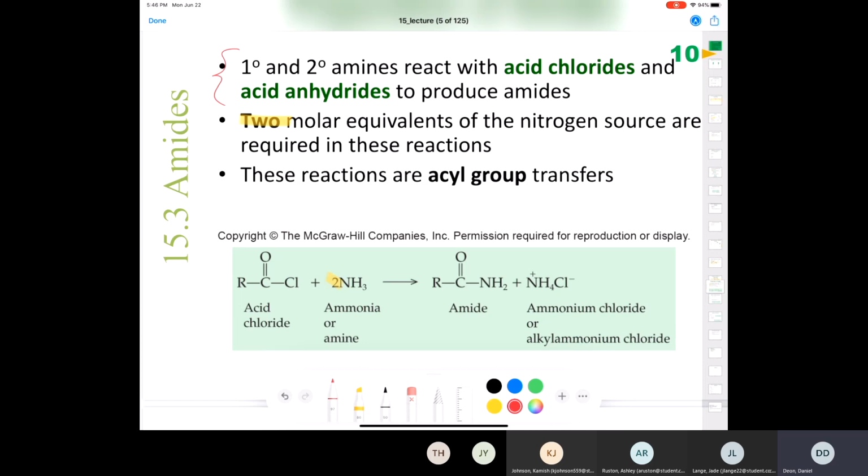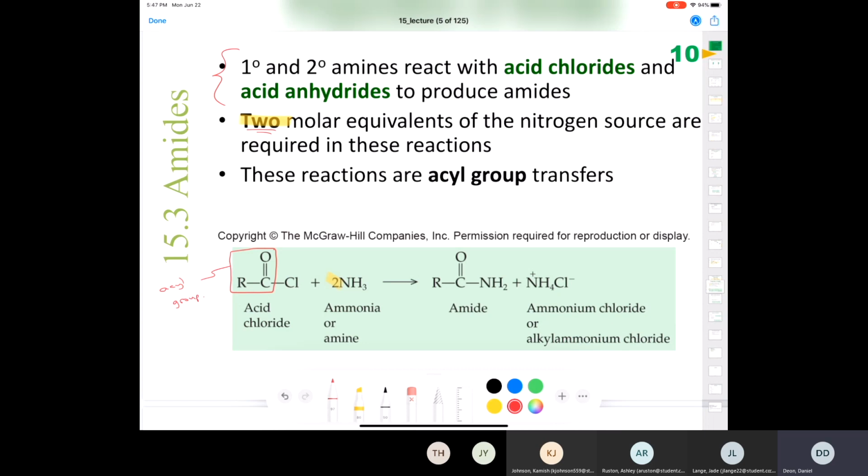It says at the top that primary and secondary amines will react with acid chlorides. You guys remember the acid chloride, this guy down here, or the acyl chloride sometimes, or acid anhydrides, and we'll look at this on another slide, to produce amides. But what's interesting is that you need 2 molar equivalents of the nitrogen source to do the reaction, and we call these acyl group transfers because this portion of the acid chloride is called the acyl group.